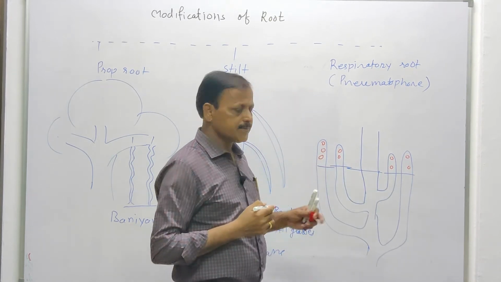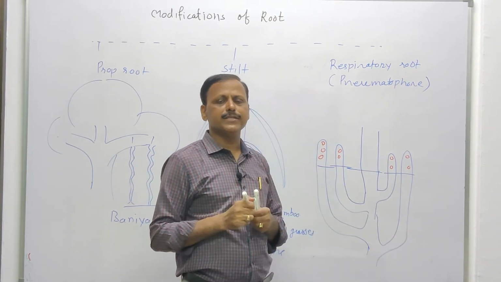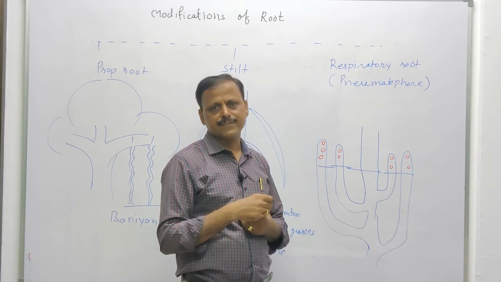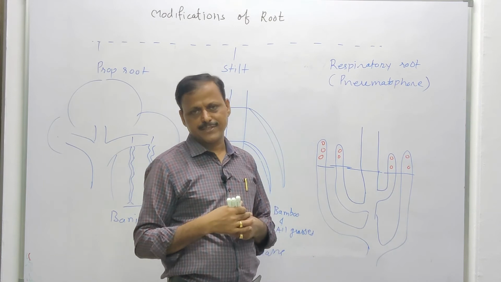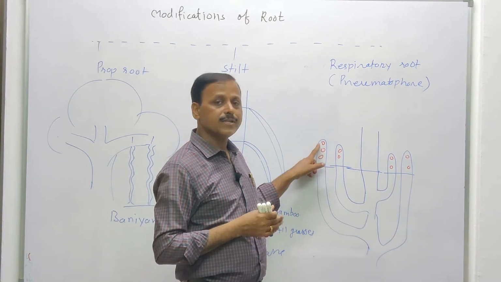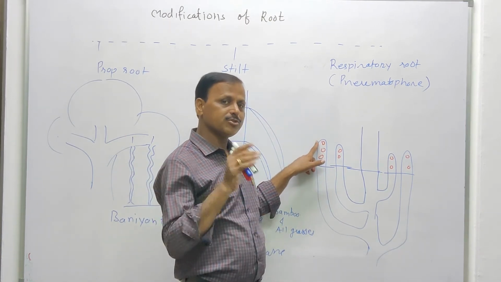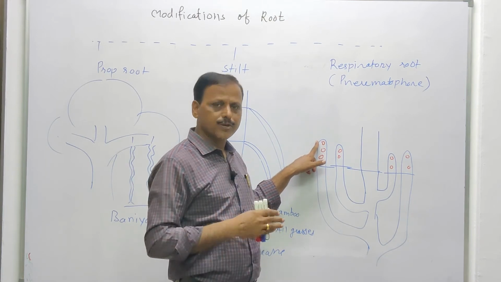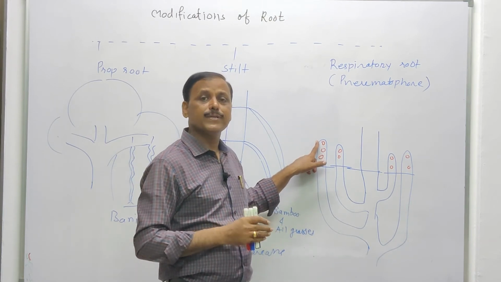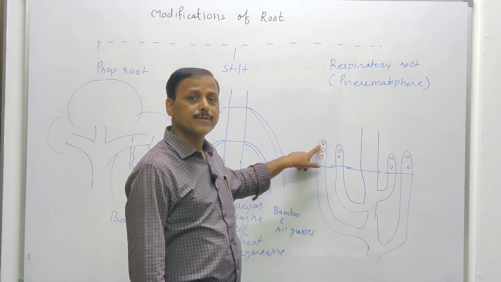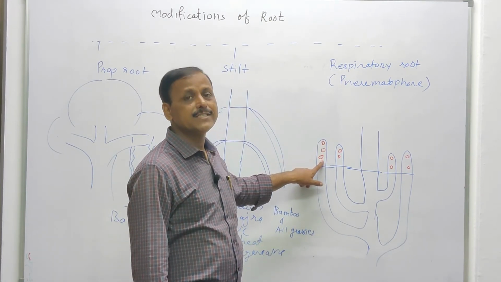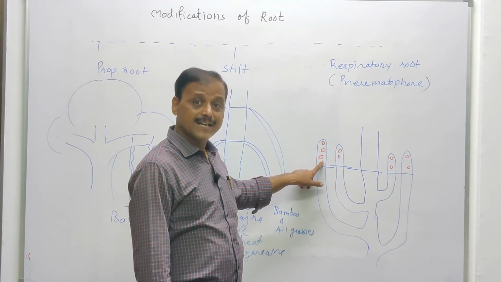As you would have learned, there are three types of transpiration: stomatal transpiration, cuticular transpiration, and lenticular transpiration. So this is a lenticular exchange of gases. The stomata are not only used for the loss of water in transpiration but also for exchange of gases. The same way, lenticels are also used for exchange of gases, where oxygen is inhaled and carbon dioxide is released.